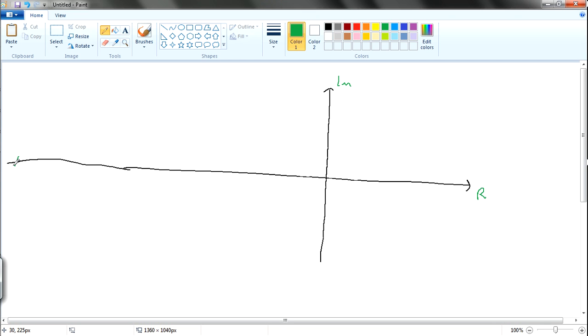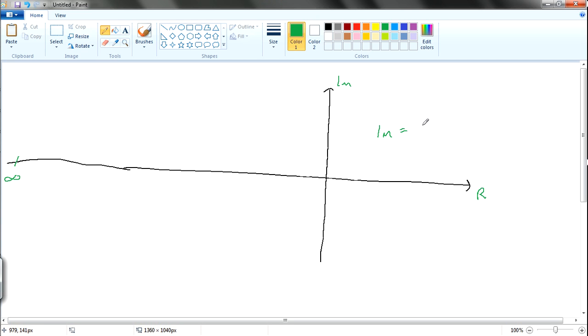Imagine this is infinity at frequency equals 0, and then here is frequency equals 1, and maybe some value like that. As you increase the frequency, you're increasing into the imaginary axis.